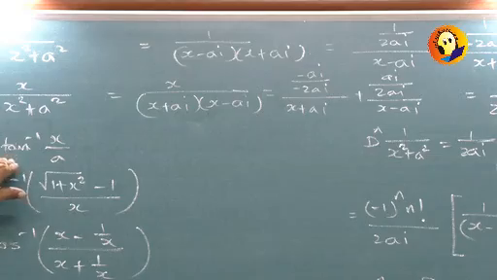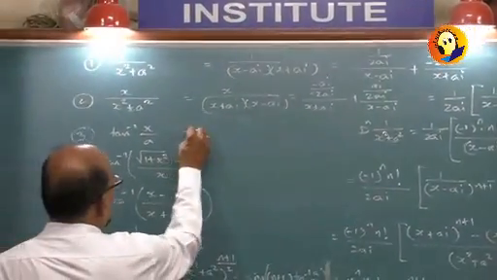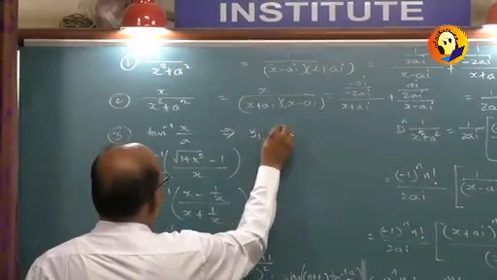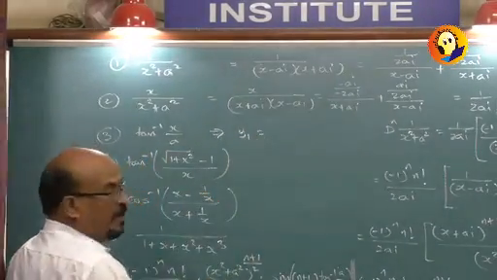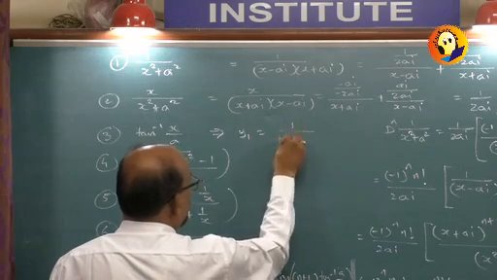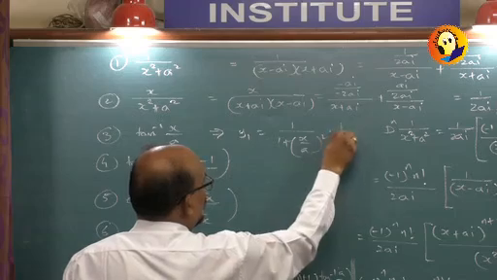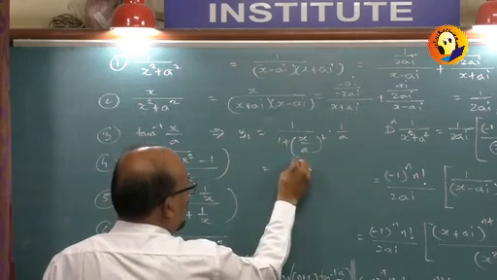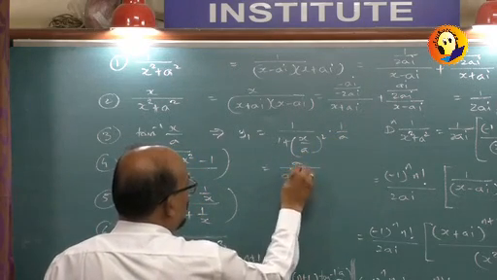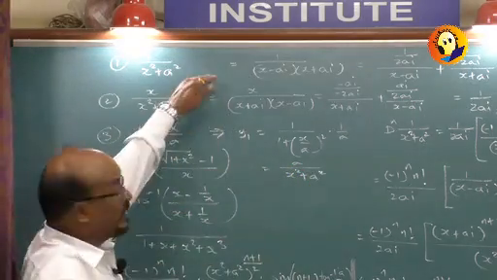If you go with this tan inverse, the first derivative of this y1 will be, what is the derivative? Tan inverse 1 upon 1 plus (x upon a) square into 1 upon a. That makes it a upon a square plus x square, which is again the first problem.